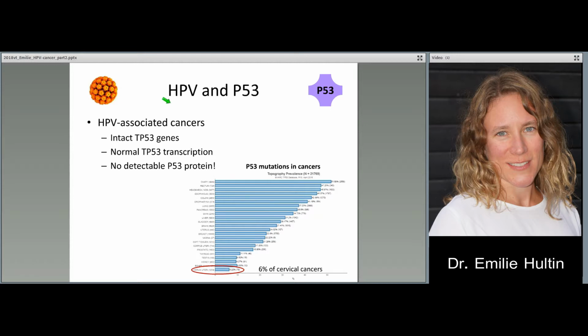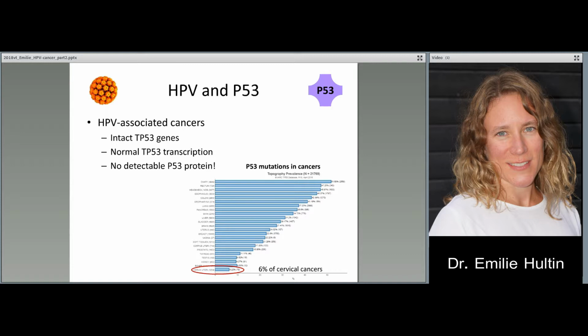Now, HPV and the gene P53. In HPV-associated cancers like cervical cancer, if you remember this table from part 1 of the lecture, quite few cervical cancers have a mutated P53 gene.